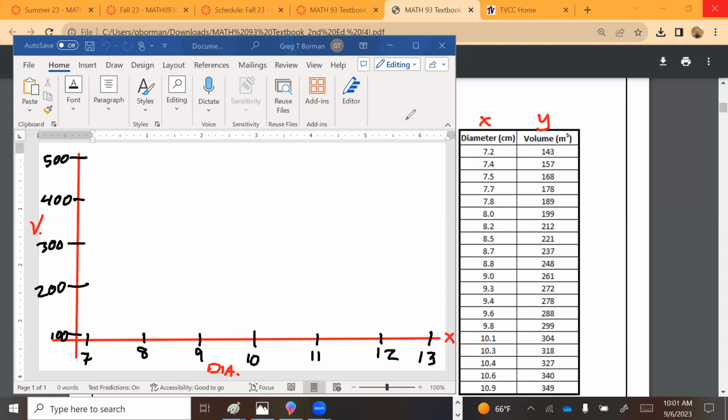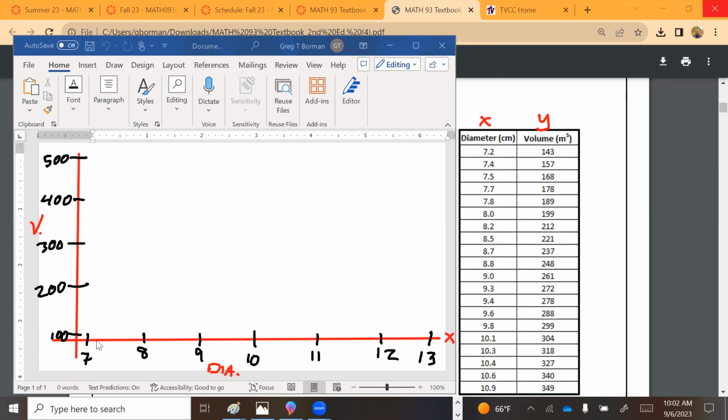Now it's time to start plotting the points. I'll do these cute little stars here. The first one, we go in the x direction 7.2, and then up 143.